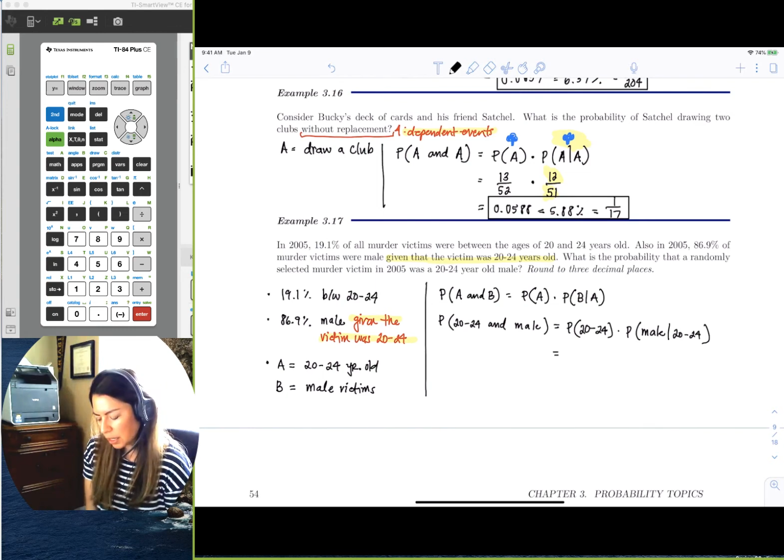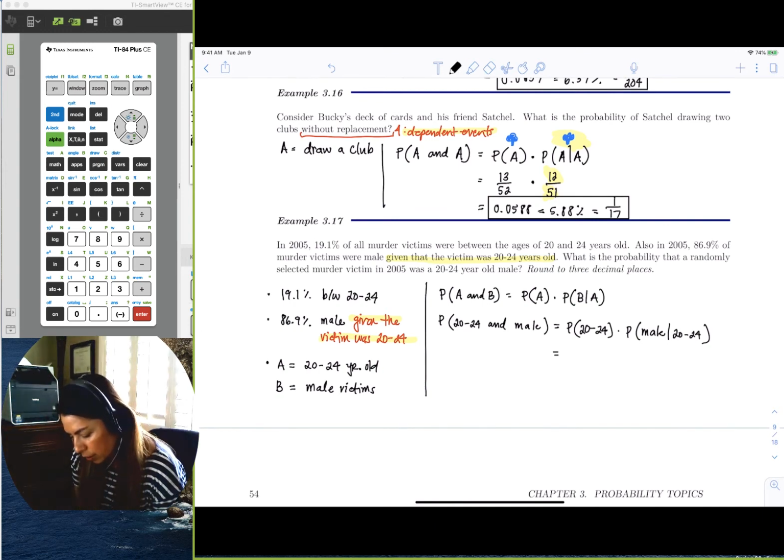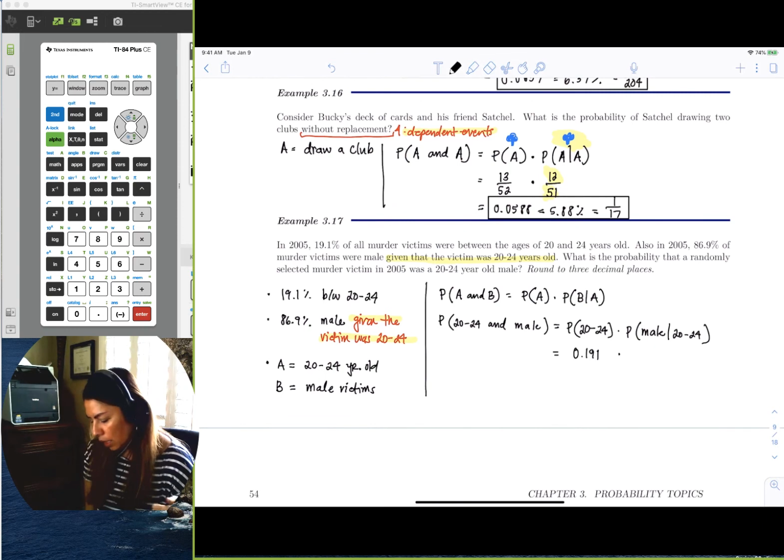So let's fill in. We have all murder victims between the ages of 20 to 24, which was 19.1%, 0.191, times the probability that we have a male given that.